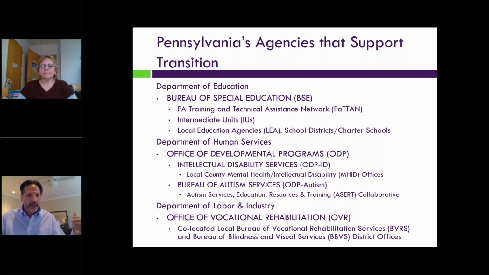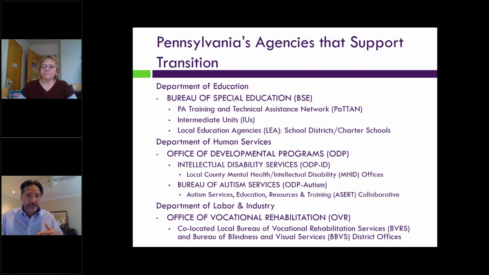We mentioned that under that, you have the Pennsylvania Training and Technical Assistance Network, or PaTTAN. And then you have 29 intermediate units that also offer supports to LEAs, or the school districts, to help support transition. And then you have the actual local school districts, or the LEAs, and LEAs are comprised of both school districts and charter schools.